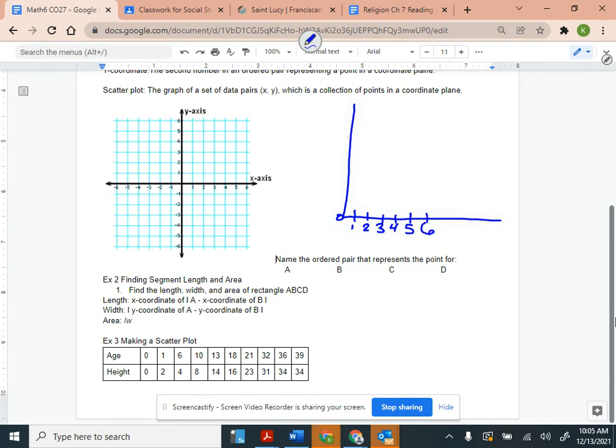And actually, I'm looking at the numbers in here, and I'm noticing we probably don't want to go by 1s because our numbers get really big. So we're going to skip by 5s.